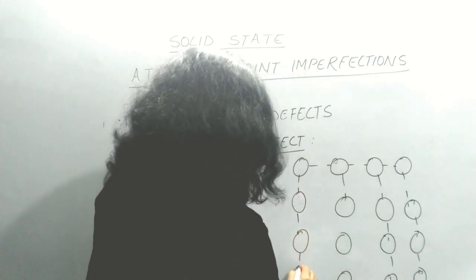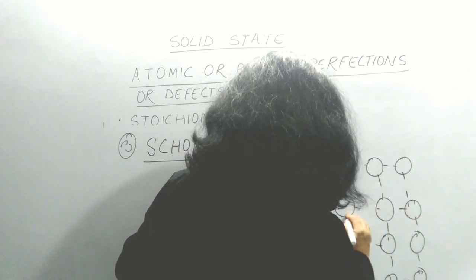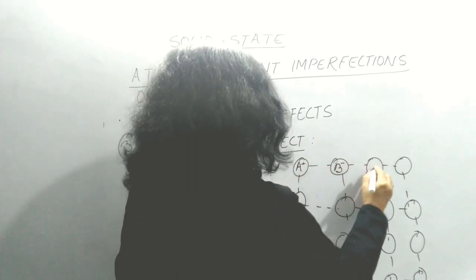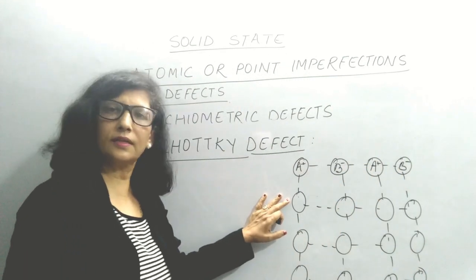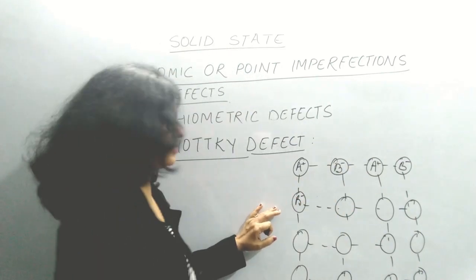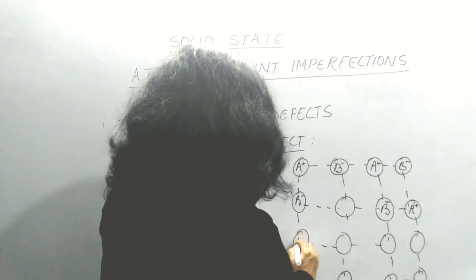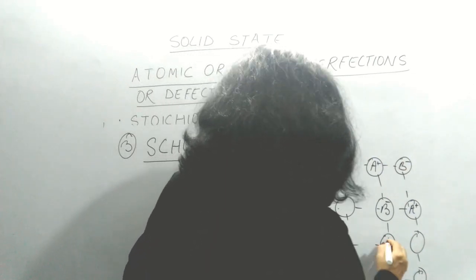Yes, this is the lattice of a crystalline solid. Here we are having cation, anion, then again cation, anion. Here one cation is missing, then again anion. Here is your cation, anion, cation, and here one anion is missing.